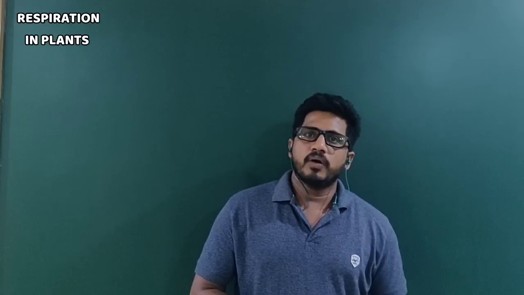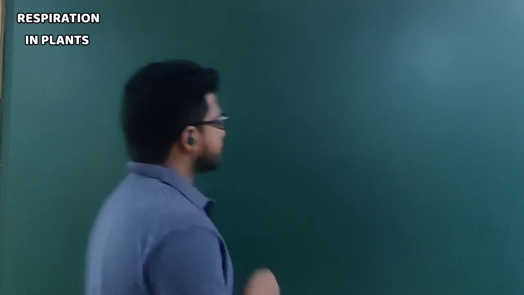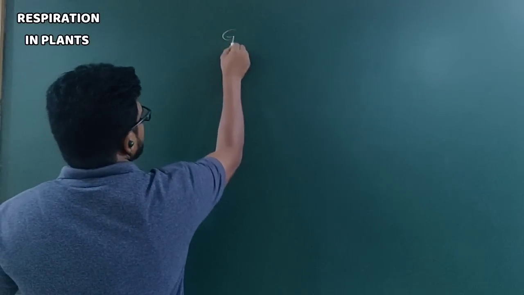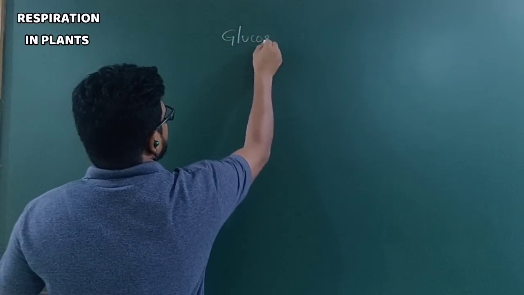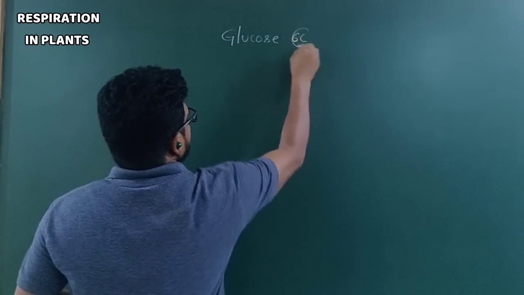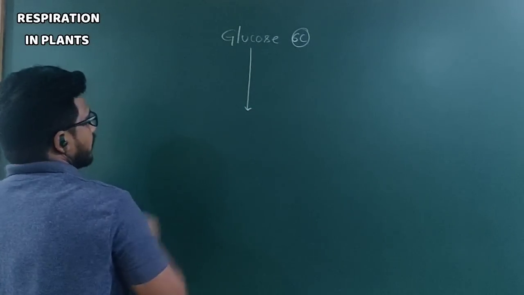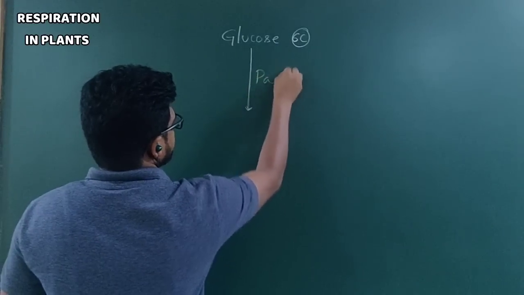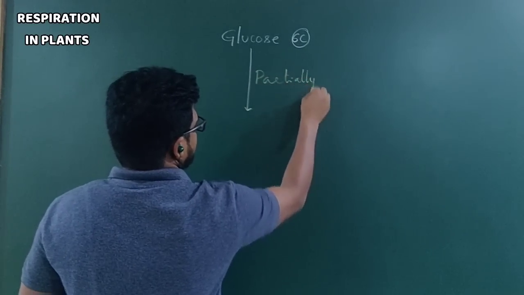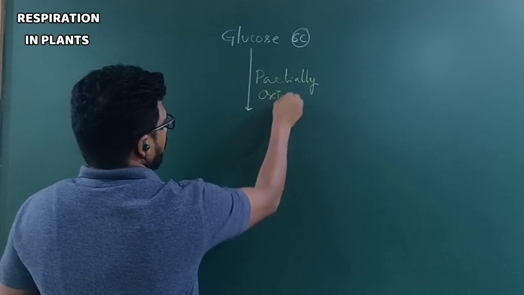Let me tell you what will happen after that. So, glucose, which is a 6 carbon component, undergoes partial oxidation, partially oxidized.